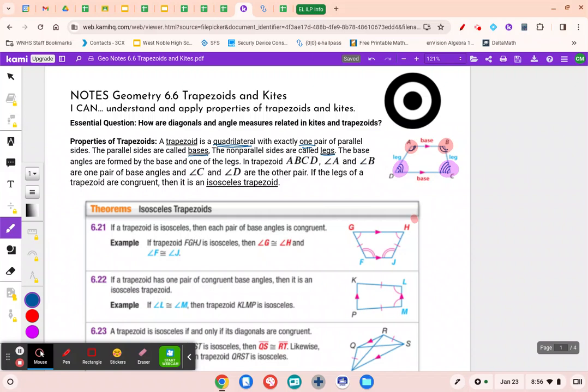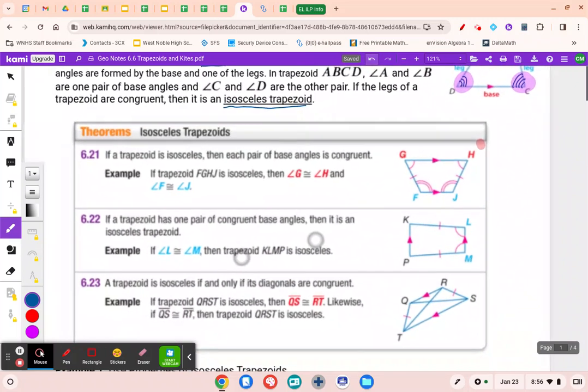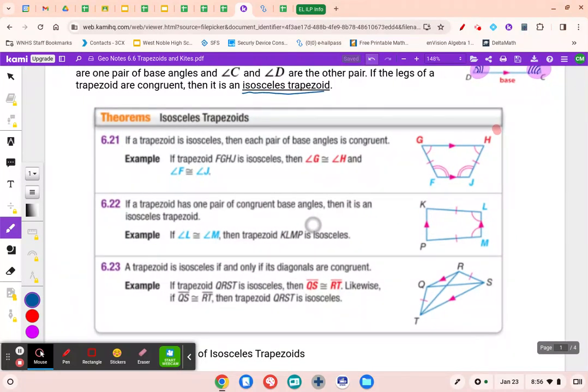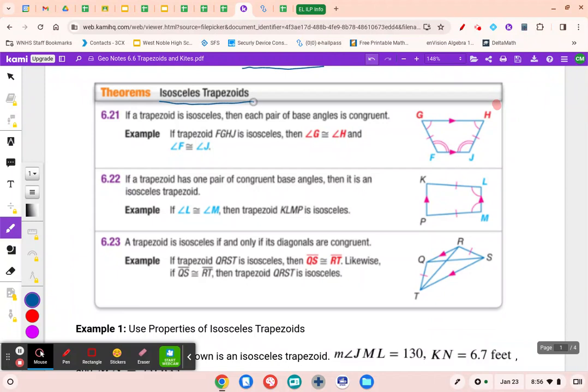If the legs of a trapezoid are congruent, then it is considered an isosceles trapezoid. So if these two legs were the same length, it would be an isosceles trapezoid. It does not look like they are the same here. If a trapezoid is isosceles, then each pair of base angles is congruent.